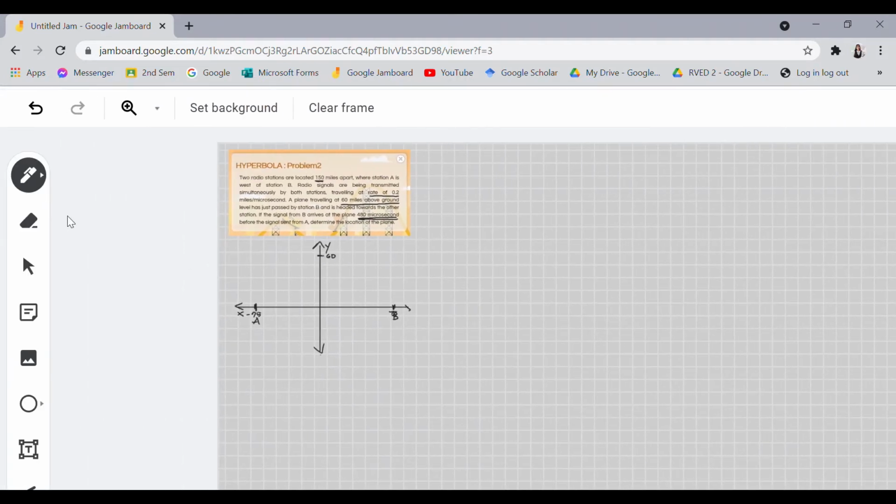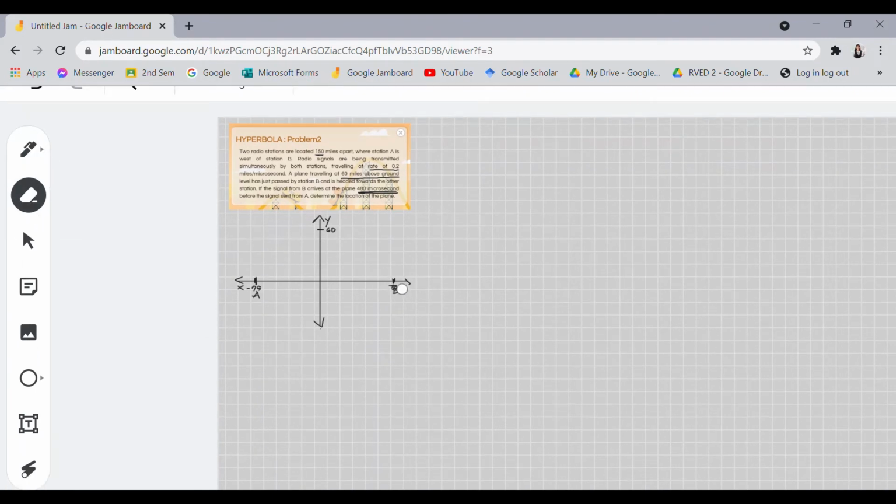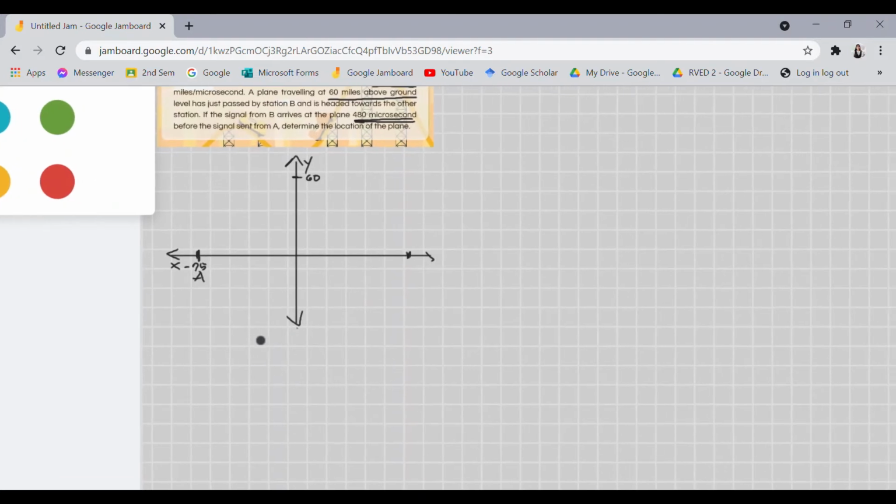It says here that the signal from B will arrive earlier compared to A. So between the two divisions here, say this is the boundary of B and this is the boundary of A, the plane is nearer the boundary of B because the signal is received there first. Let's clarify this part.